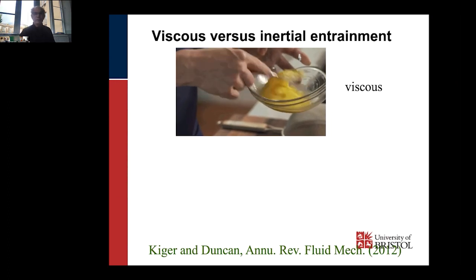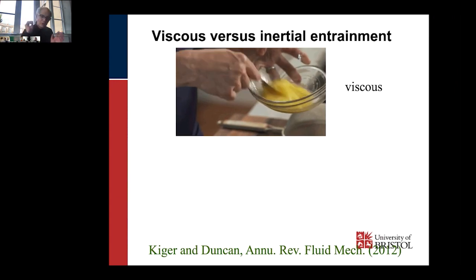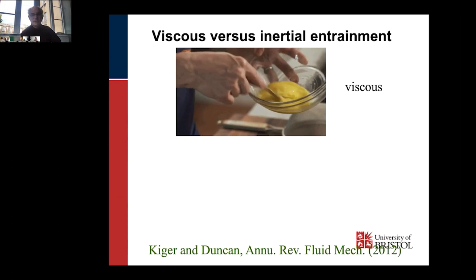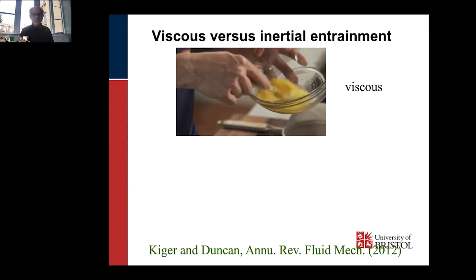So if you beat an egg, you shear the fluid, and in response to the shearing, the surface becomes deformed into a near cusp, and it can be shown that owing to the sharpness of the cusp, a high pressure develops inside the cusp and air is forced into the liquid, which is a natural way to produce air entrainment.